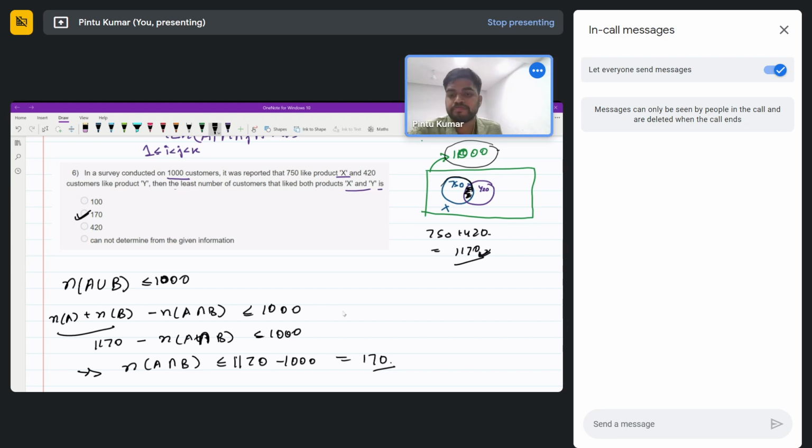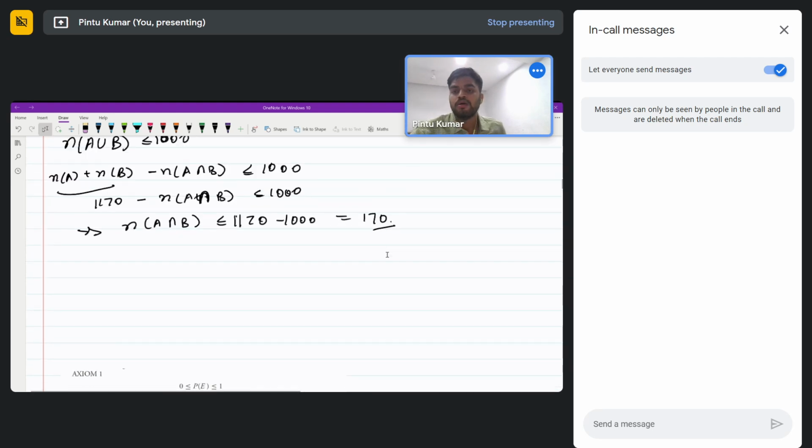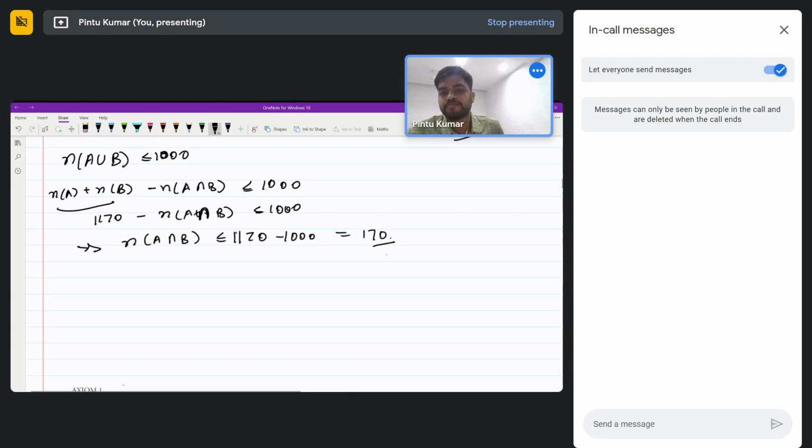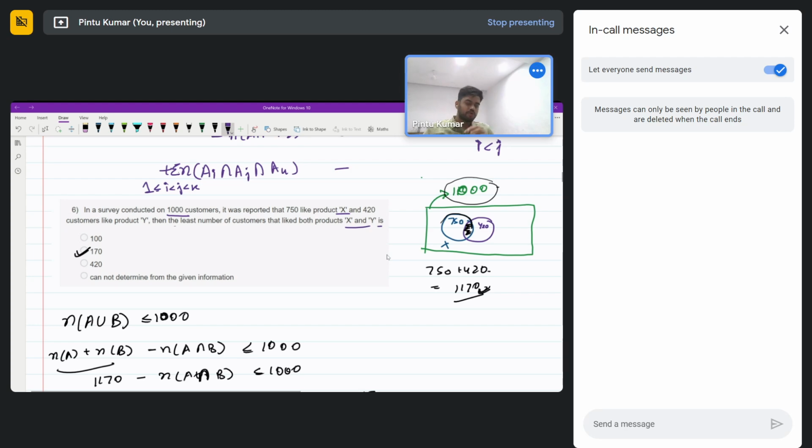Any doubt in this question? So this was a similar question to what is mentioned in your assignment. Is there anything you want to ask related to the set theory portion that was covered this week, because now I would be moving to the probability portion?